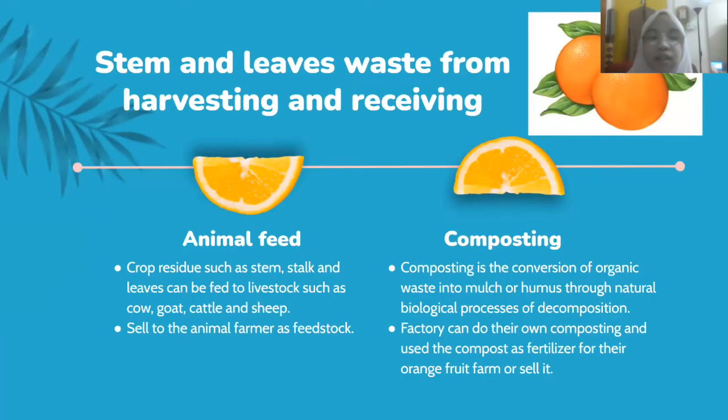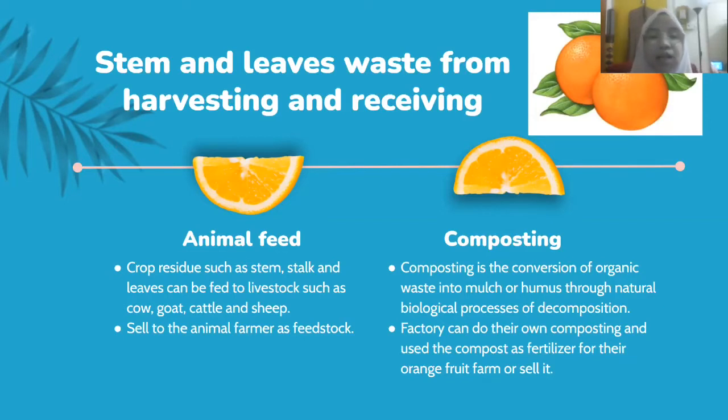Next is waste management. From the harvesting and receiving process, the waste produced is stem and leaf. To manage this waste, it can be used as animal feed or put through a process called composting. For animal feed, crop residues such as stem, stalk, and leaf can be fed to livestock such as cow, goat, cattle, and sheep.